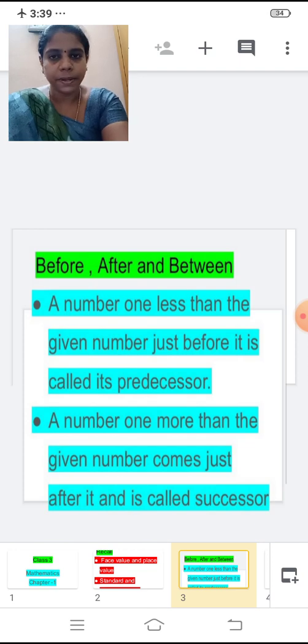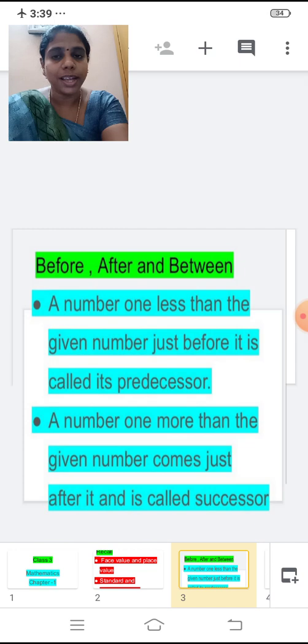A number one less than the given number, that is just before the given number, is called the predecessor. What do you call it? Predecessor. Predecessor is the before number.